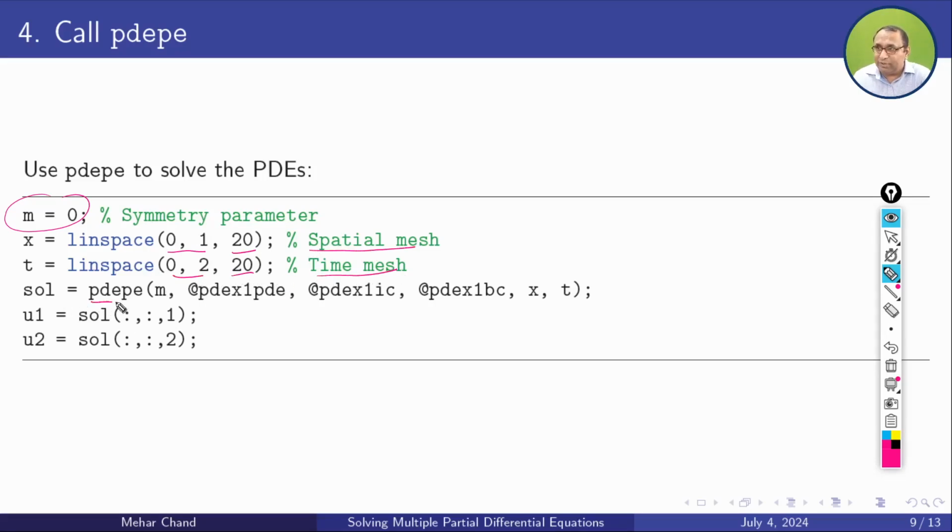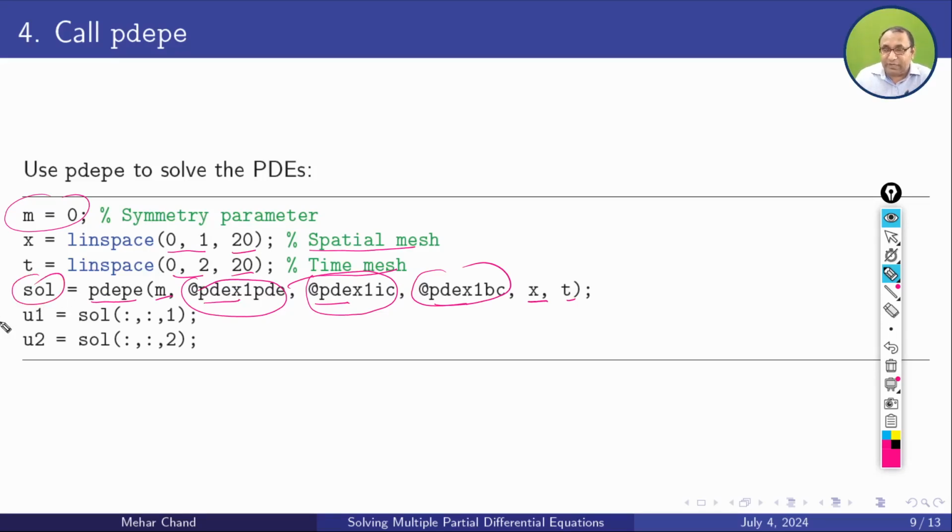Here we call the function pdepe with the corresponding arguments. This will handle the partial differential equation, the initial conditions and the boundary conditions. When we apply this code, it will solve the system of equations, and there will be two solutions, both stored in sol.